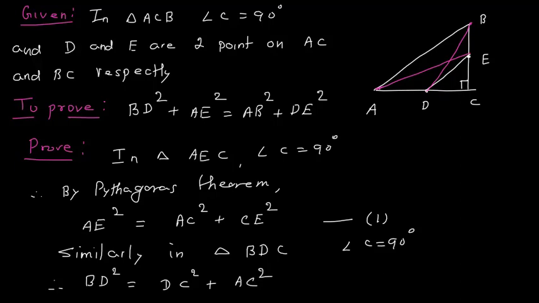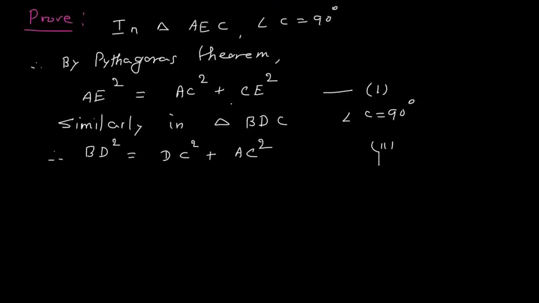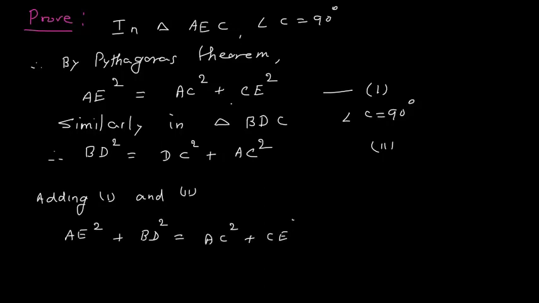This is your second equation. Now add these two equations, so adding 1 and 2, what we get? We get AE square plus BD square is equals to AC square plus CE square plus DC square plus AC square.